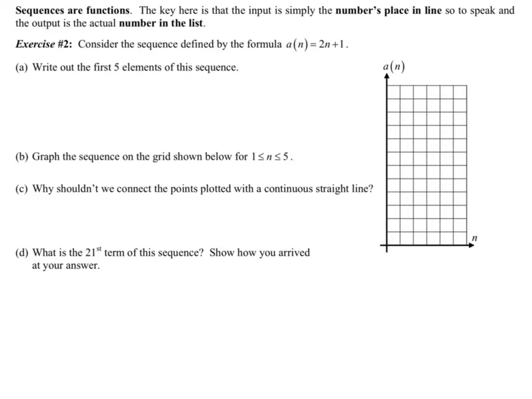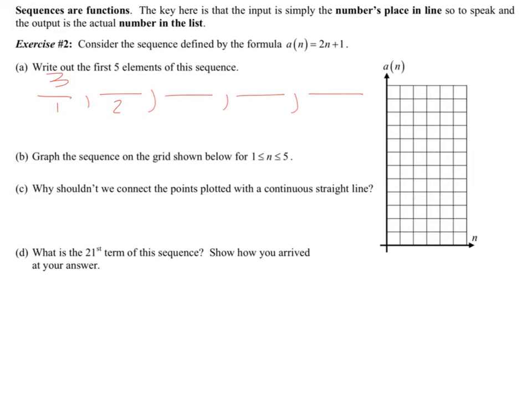Consider the sequence defined by the formula A of n equals 2n plus 1. Write out the first 5 elements of this sequence. So 1, 2, 3, 4, 5. So the first one would be 2 times 1, which is 2, plus 1 equals 3.